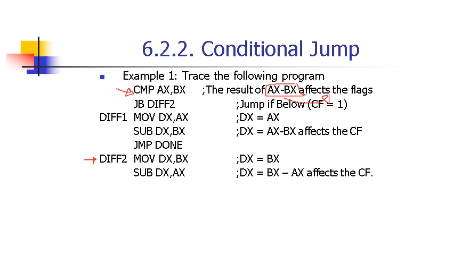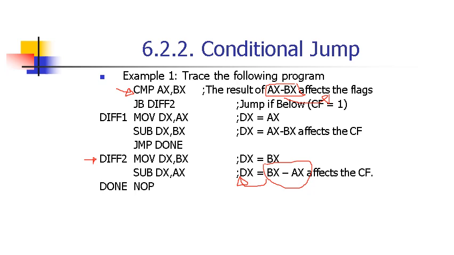If BX is larger, it's a positive difference. Place it in DX. SUB will subtract AX from BX, and the result is placed in your DX. Okay, then you're done. All right.